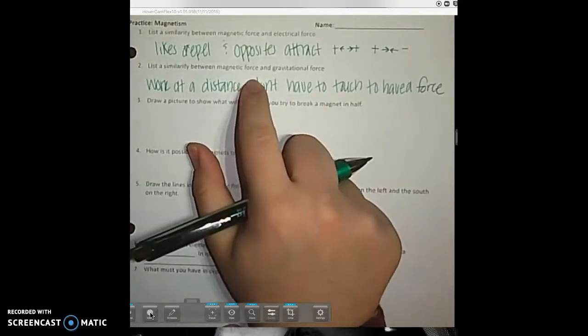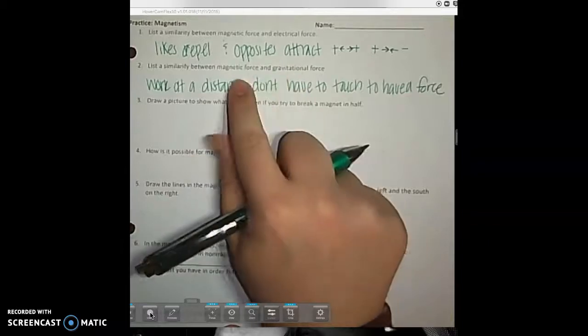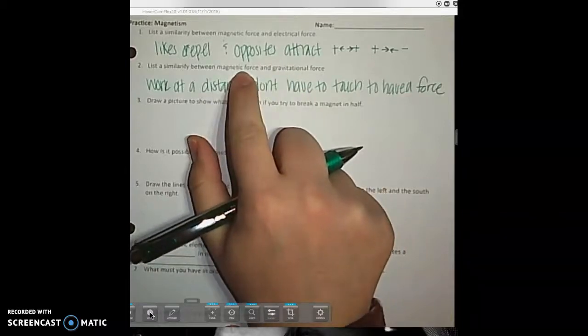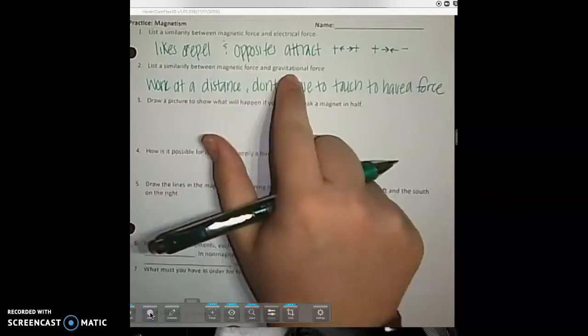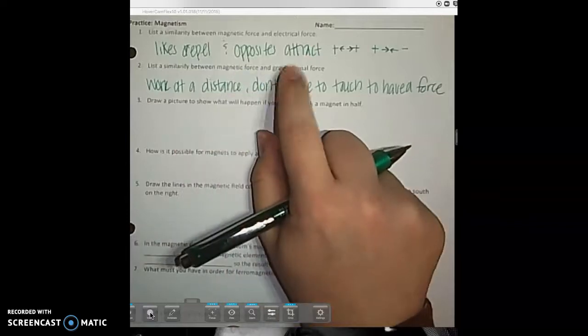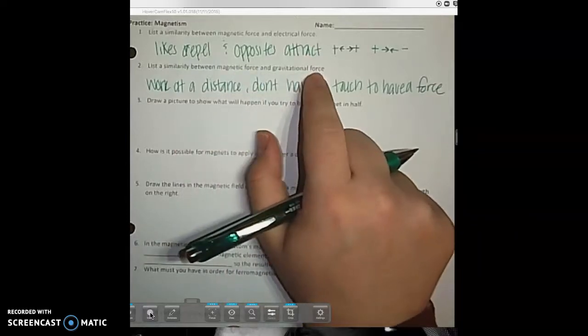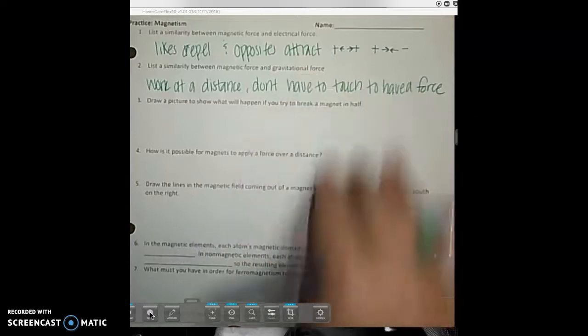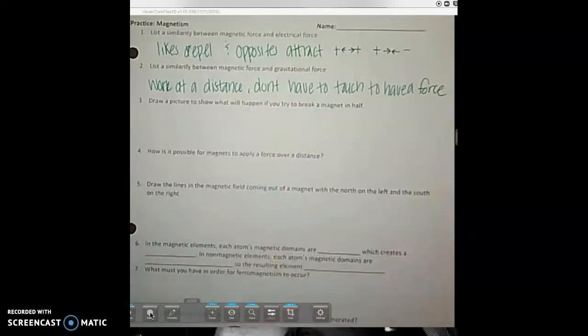They don't have to touch in order for them to either push or pull. Remember when we said that a magnetic force allows the 2 objects to work at a distance, they don't have to be touching. Gravitational force is the same way. It does not have to be touching in order for it to push or to pull the objects down.